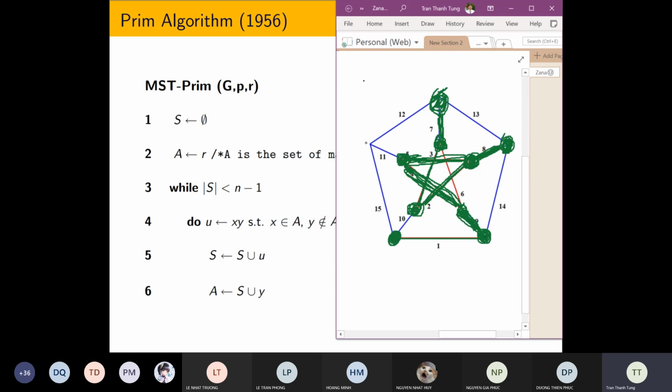Next time will be 11. So that's it. Do you have the same result?